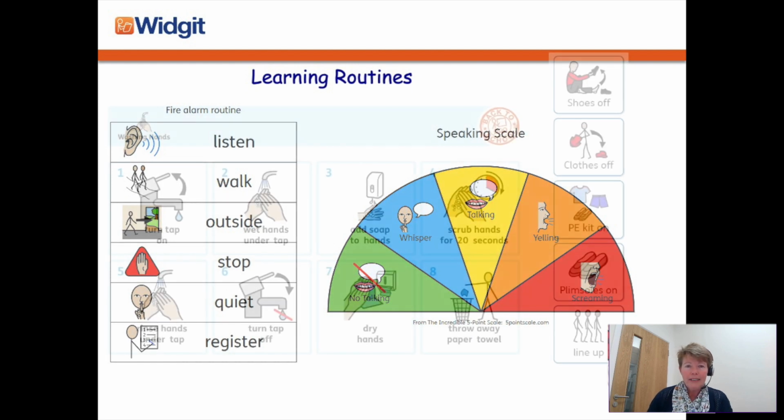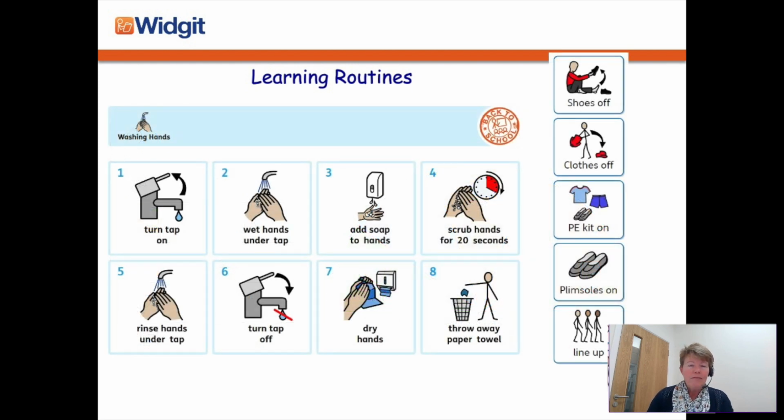And next one again. So, basic routines: hand washing and getting changed for PE. Both of those can be produced in Widgit Online. The hand washing one is part of our back to school pack, which you can download for free from the website. If you just go to Symbol Resources, you'll find that one. But it can be applied to any sequence.